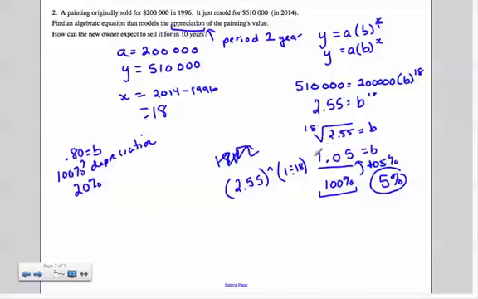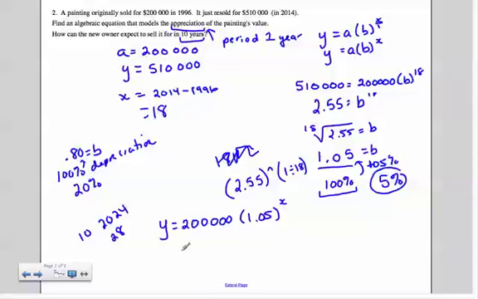But still, b is 1.05 because now if I say y equals 200,000 times 1.05 to the exponent x over 1, when it asks me for 10 years, well, 10 years is going to be 2024, or add 10 years to the 18, and it'll be 28 years.